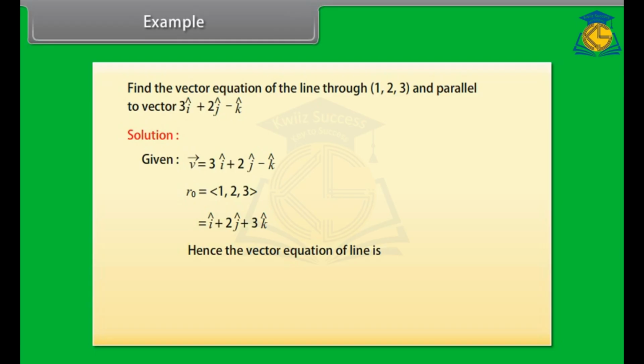Hence the vector equation of the line is r equals i plus 2j plus 3k plus t(3i plus 2j minus k) equals (1 plus 3t) i plus (2 plus 2t) j plus (3 minus t) k.